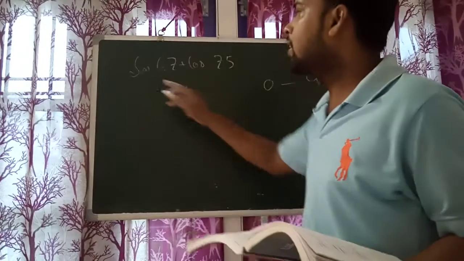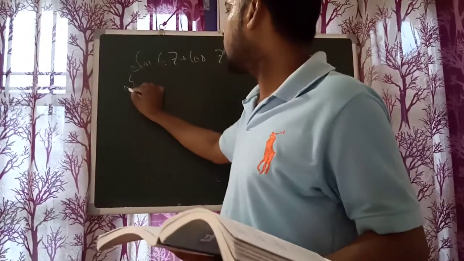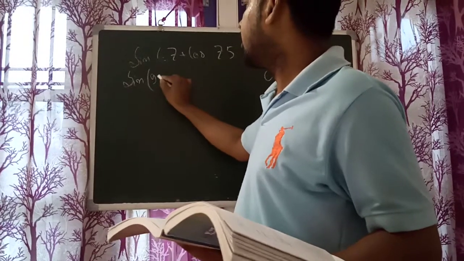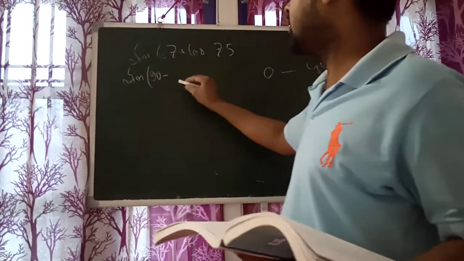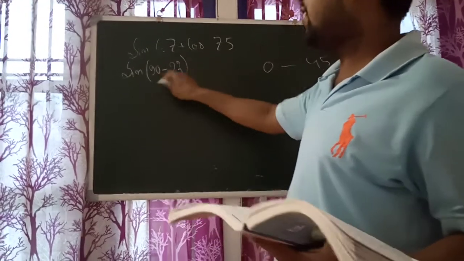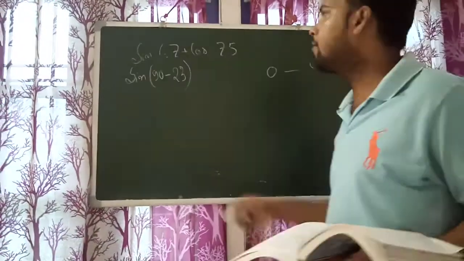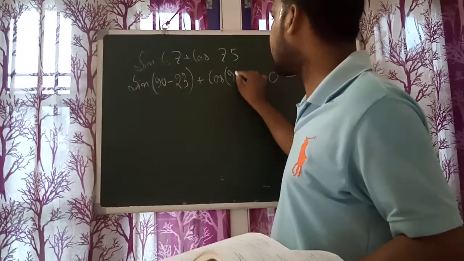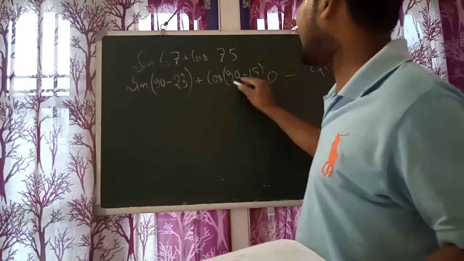Okay, if we write it like this, sin 67 can be written as sin (90 minus 23). 90 minus 23 is equal to 67. Then plus cos 75 can be written as cos (90 minus 15). 90 minus 15 is equal to 75.